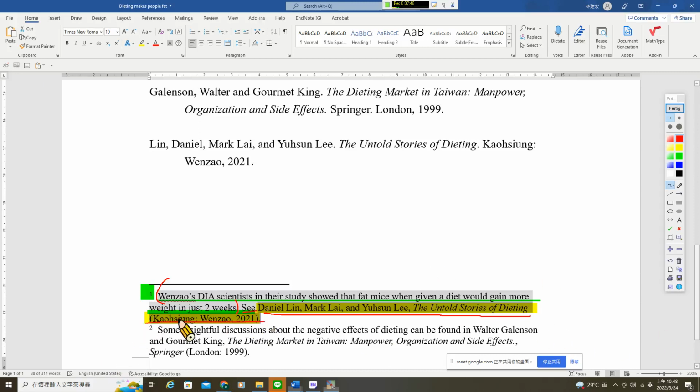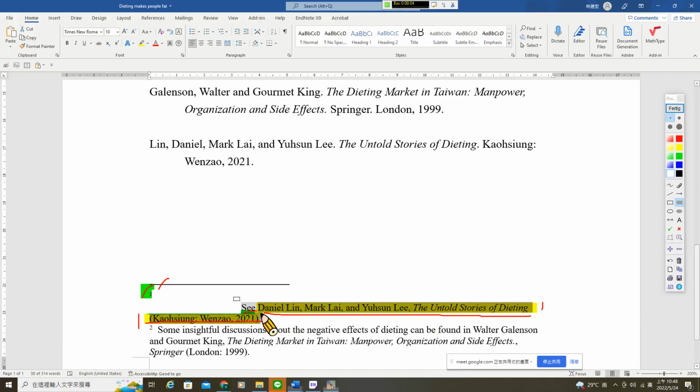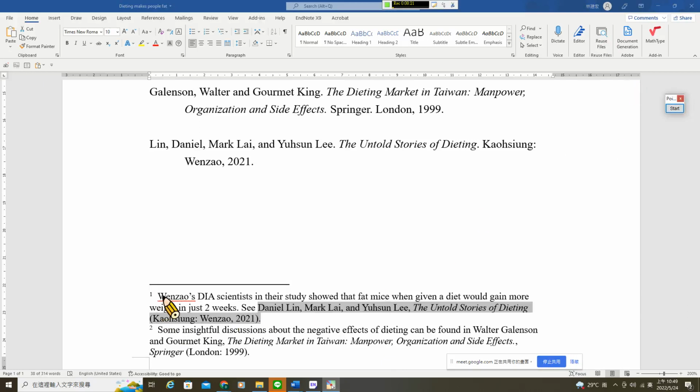Okay, so this is a good way to make a reference. For most of the cases you could do this, but don't just do this. If you just put up the information here, it will be a little bit awkward and incomplete in a sense. So consider writing your notes in this way.